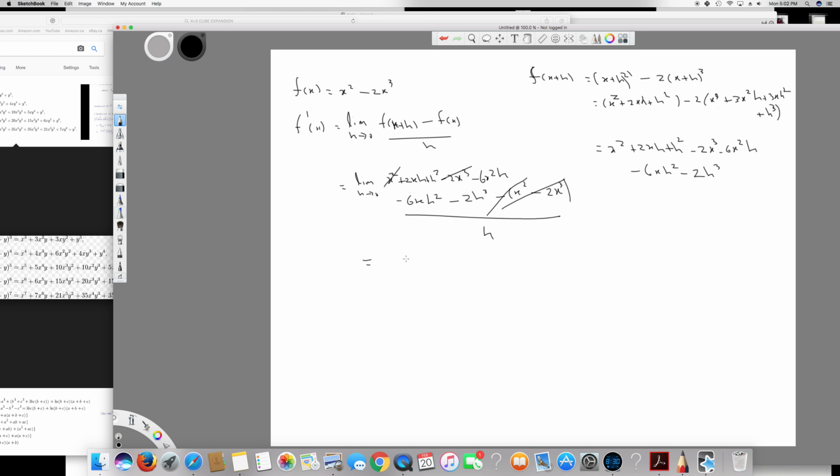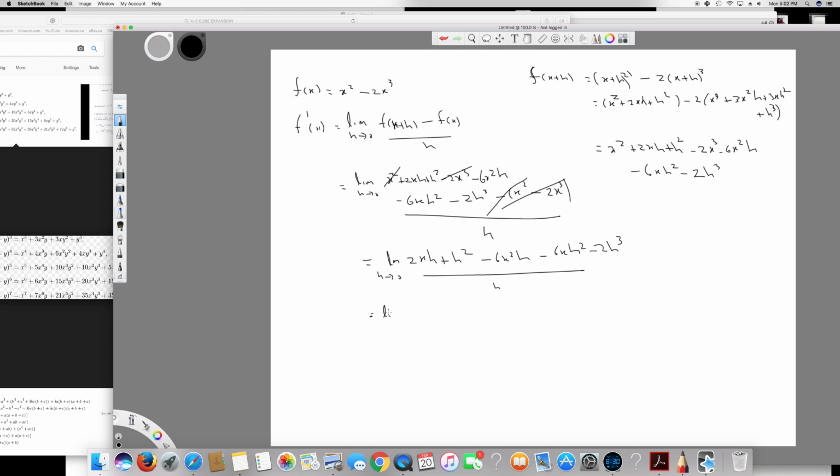Let's write the remaining values: the limit as h approaches 0 of 2xh plus h squared minus 6x squared h minus 6xh squared minus 2h cubed over h.